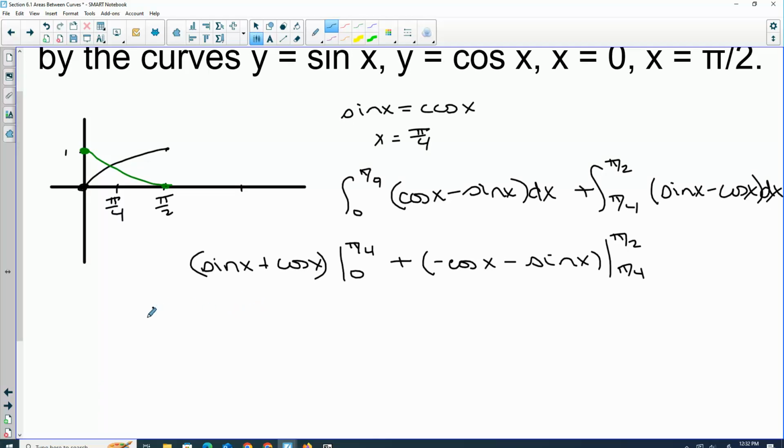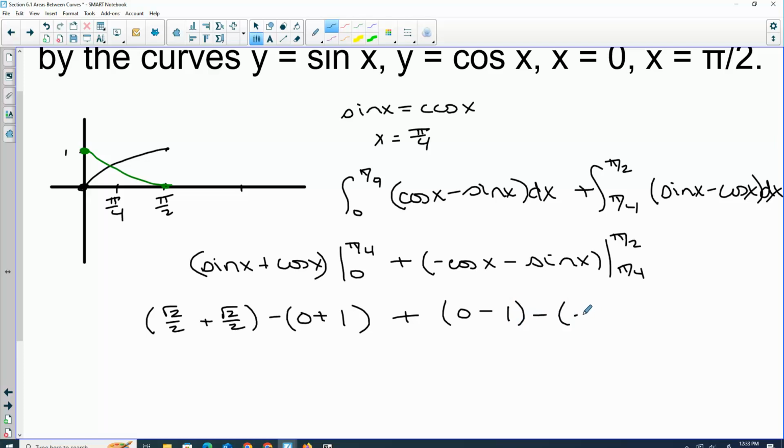So then we evaluate. Sine of pi over 4, like sine of 45 degrees, is radical 2 over 2. Cosine of 45 is radical 2 over 2. Sine of 0 is 0. Cosine of 0 is 1. At pi over 2, cosine of pi over 2 is 0 minus the sine of pi over 2, 1.